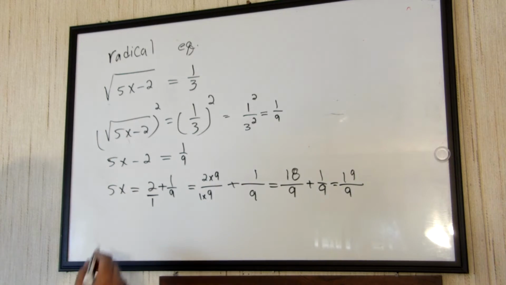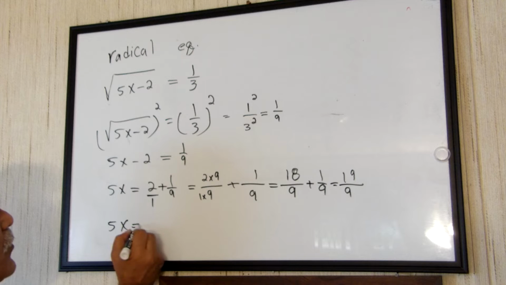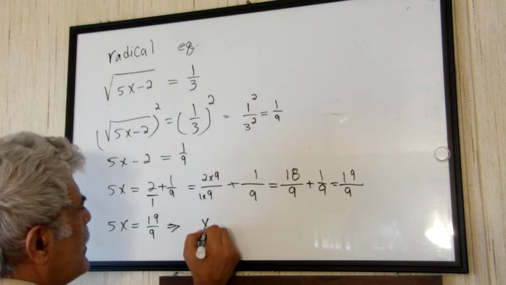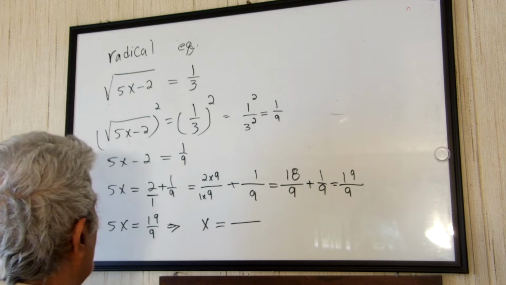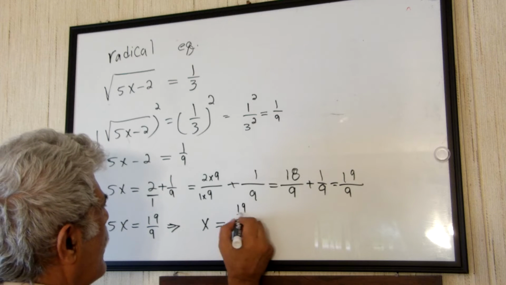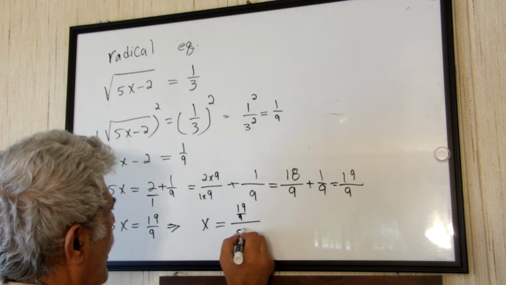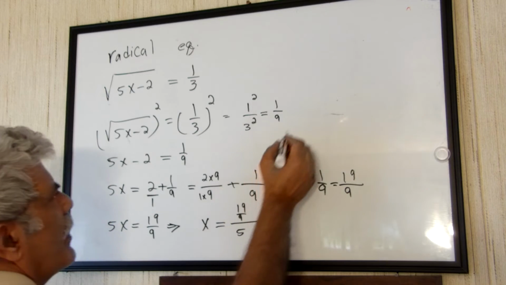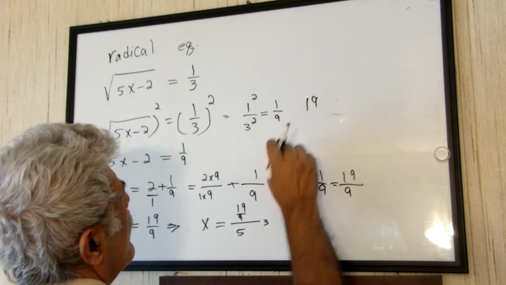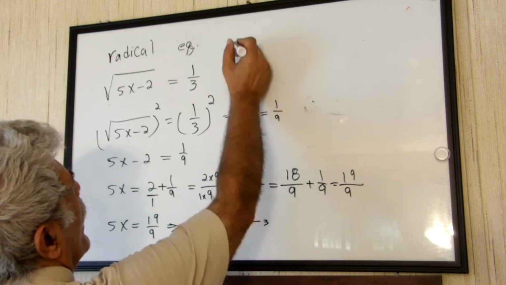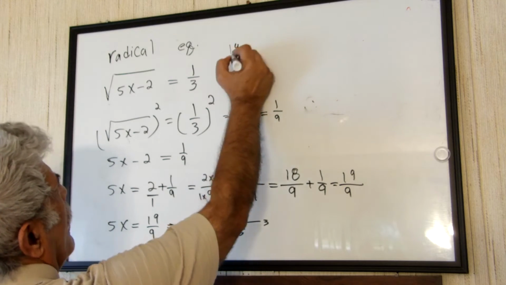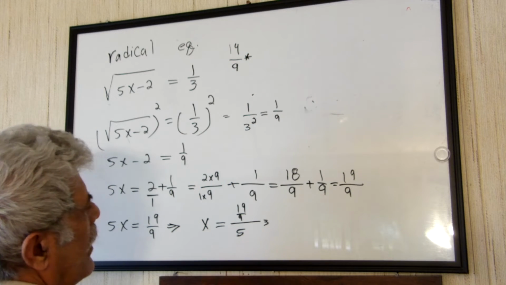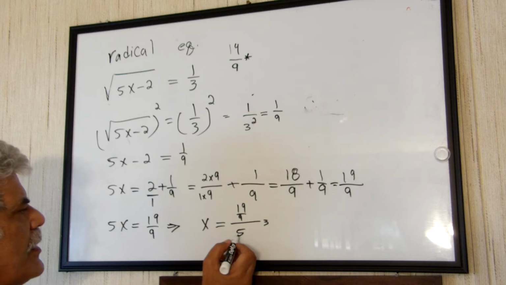So 5x is equal to 19 over 9. Now x is going to be equal to 19 over 9 divided by 5. We can write this as 19 over 9 multiplied by 1 over 5, inverting this one.